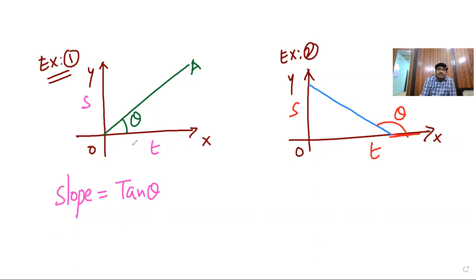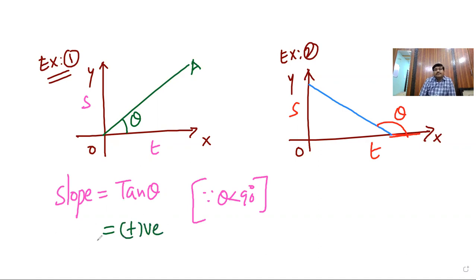Be careful, I am always using the words positive x-axis. As long as theta is less than 90 degrees, you will get a positive slope.